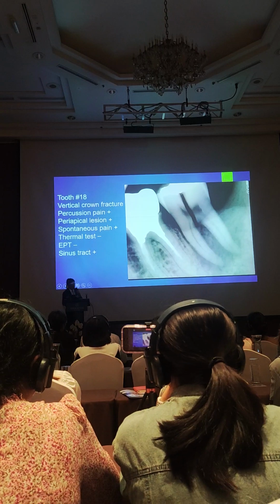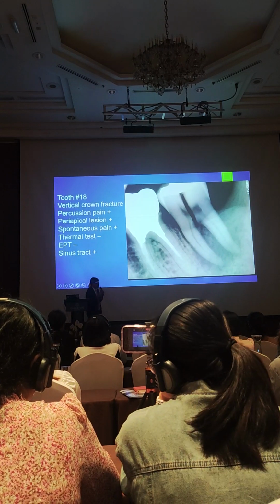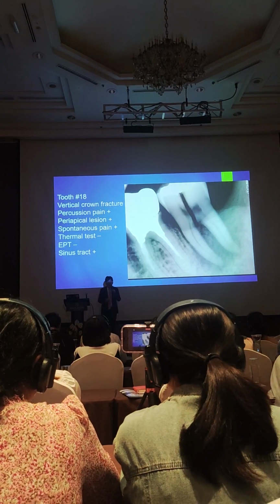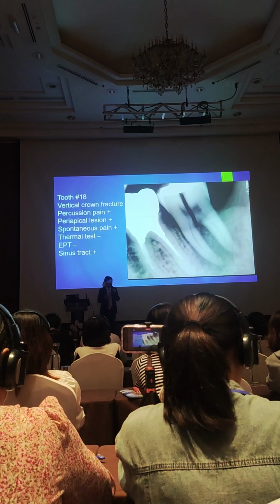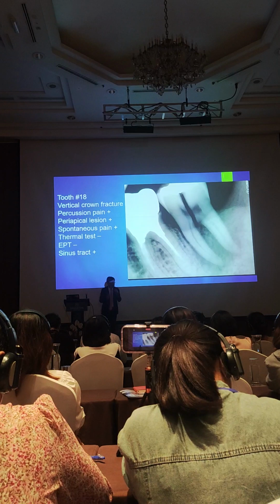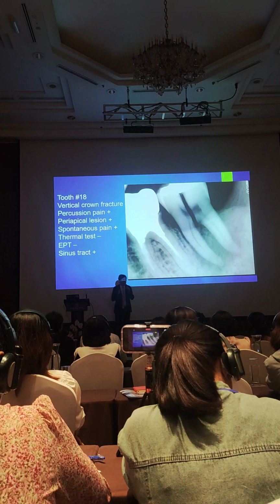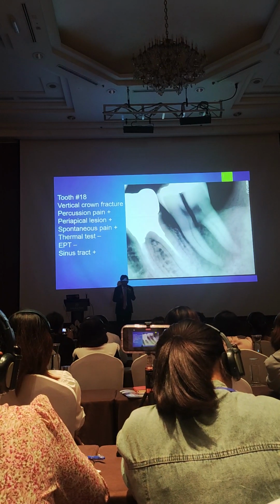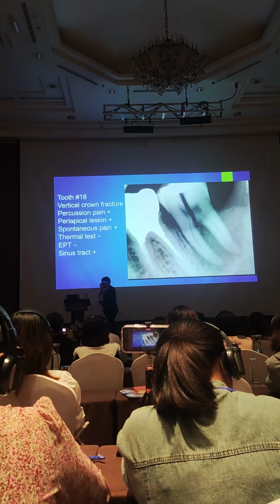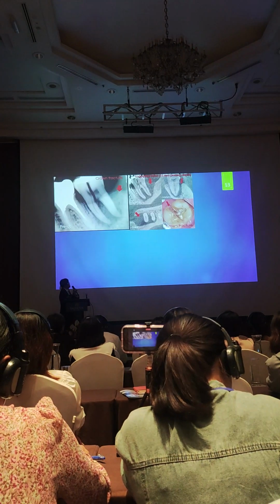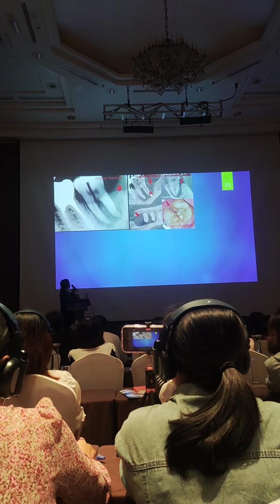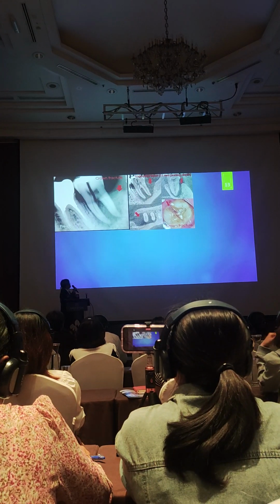So, very simple. You have to make a treatment plan based on the diagnosis. So the most important thing to be successful in endodontic treatment is the treatment plan based on the diagnosis. So I made a diagnosis, and there was no root fracture.